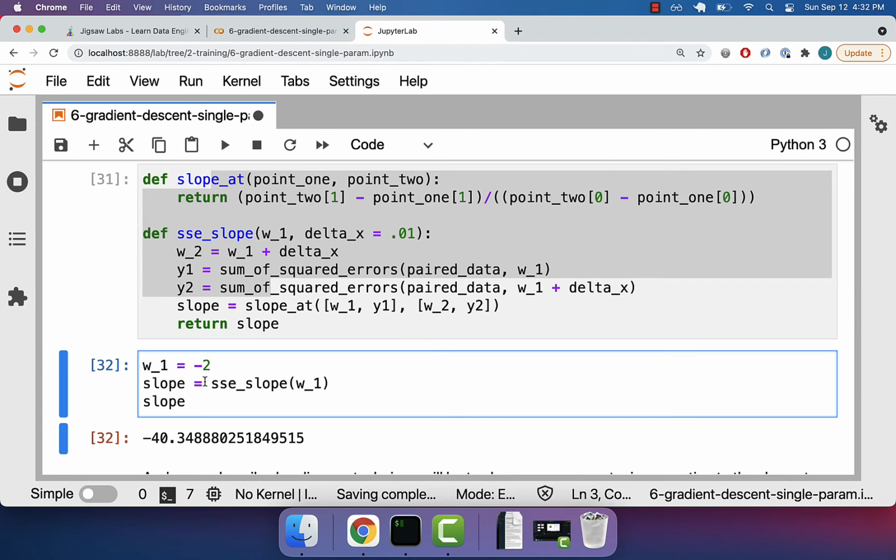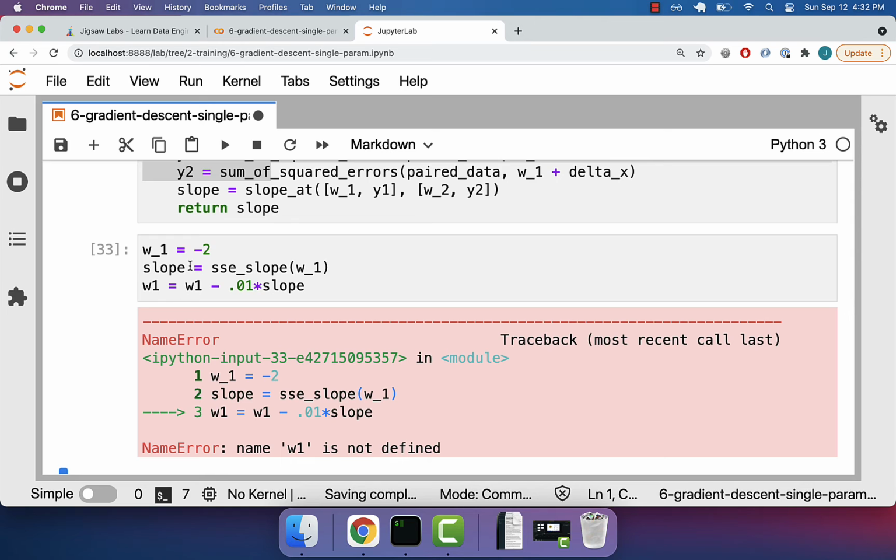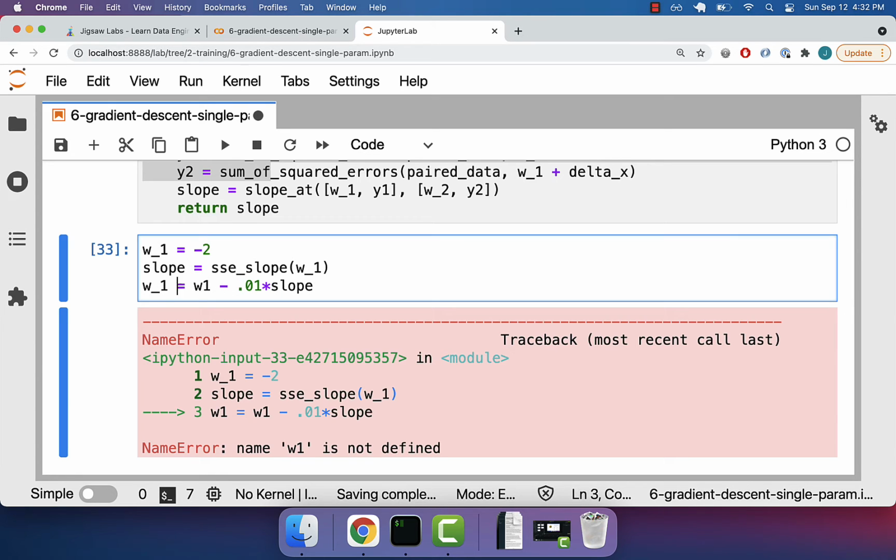And we know that our formula is the new W1 equals the old W1 minus 0.01, say, times that slope. And it breaks, because W1 is not defined.